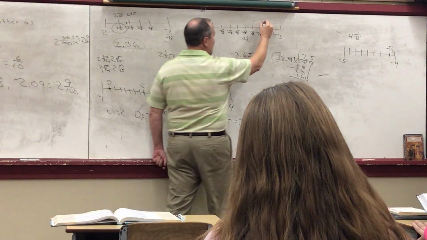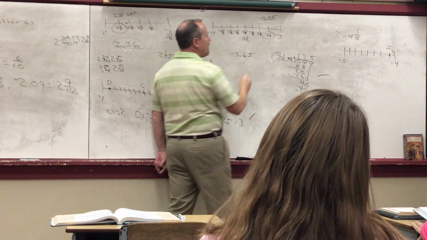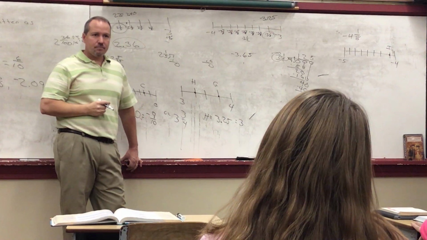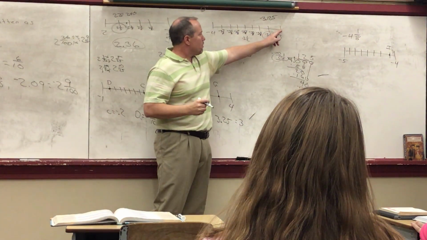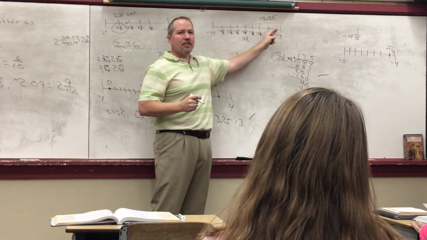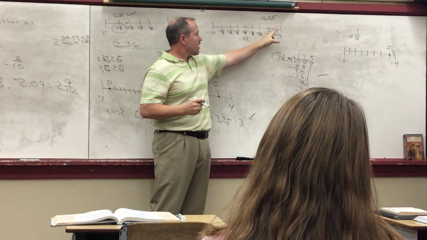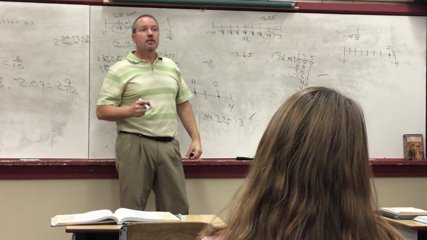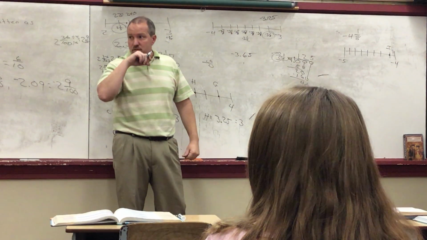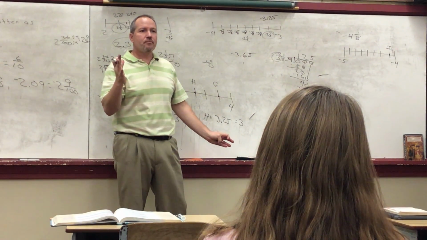And so this place here would be -3 and 125,000. So that means that each space is what decimal? What decimal is it from here to here? 125,000. Does that make sense, Owen?